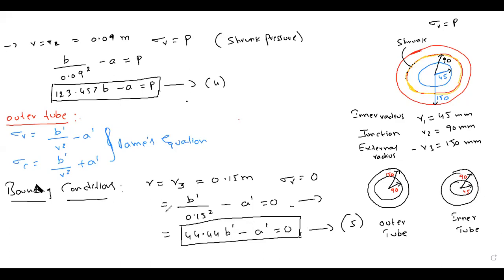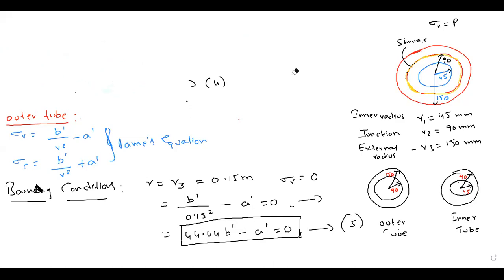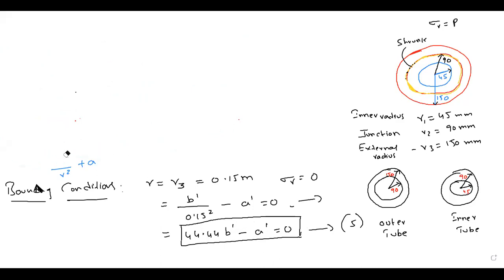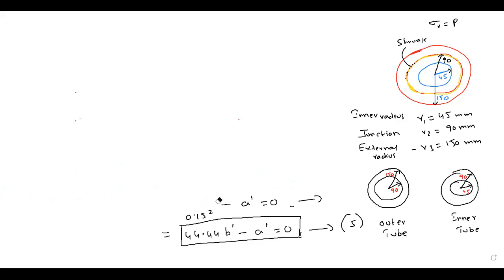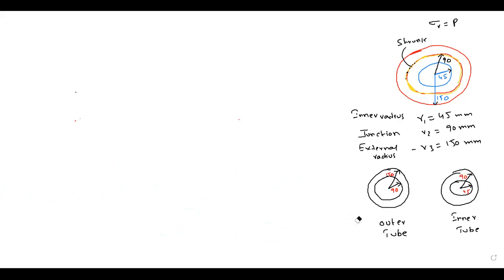Next, what is the other boundary condition for the outer tube, which is a common surface for both tubes? That is R2, the inner surface of the outer tube.